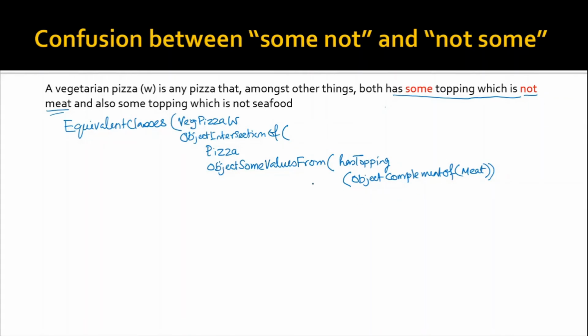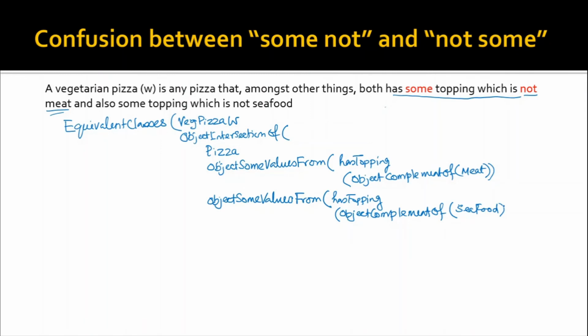Now there would be another object some values from, and it will be on has topping, right? And it will be object complement of seafood.